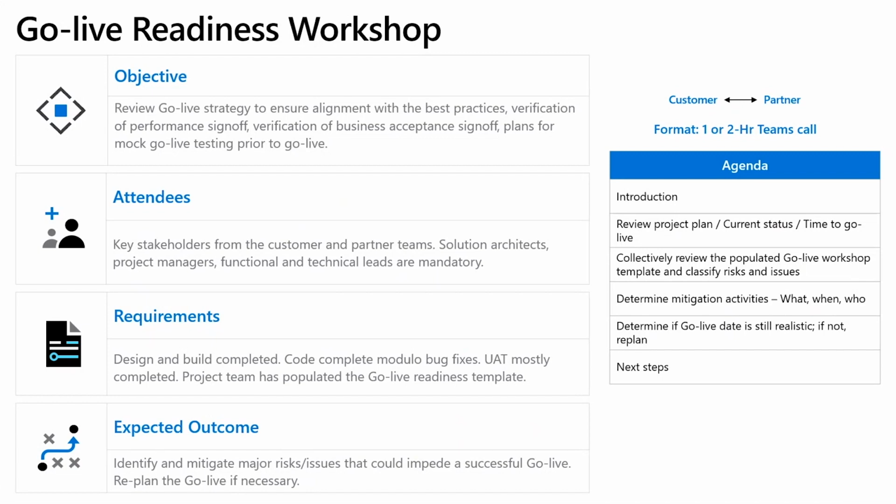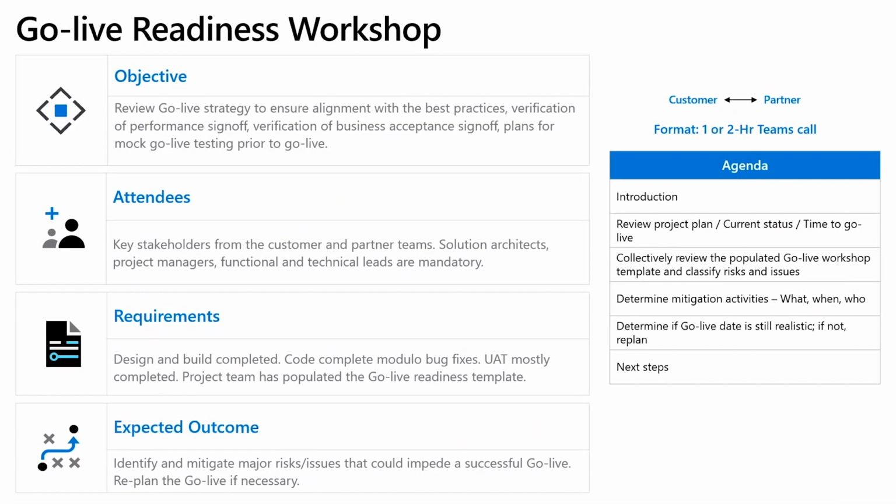You would expect design and build to be completed, meaning code complete, or at least in a state that can be held stable during the stabilization phase. UAT should be mostly completed, like there are no critical no-go gaps left. The team will populate and complete the go-live readiness information and have mitigations discussed and planned where needed.